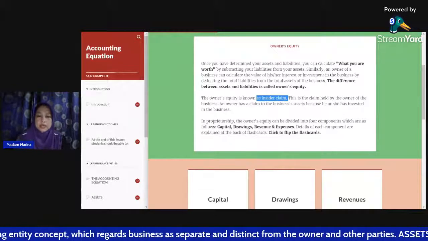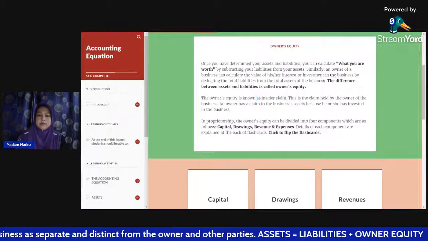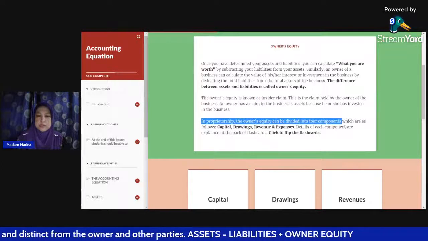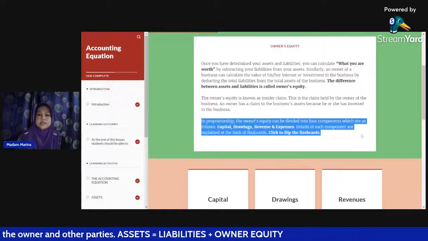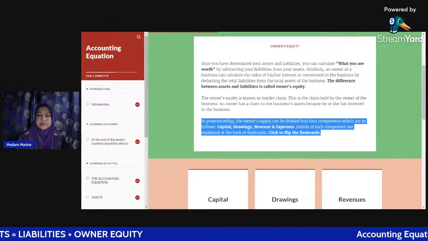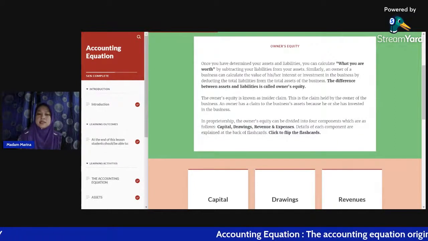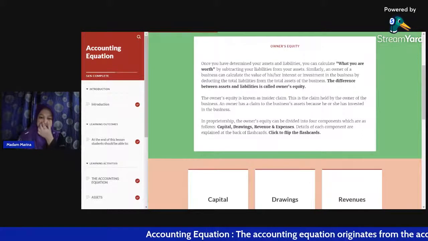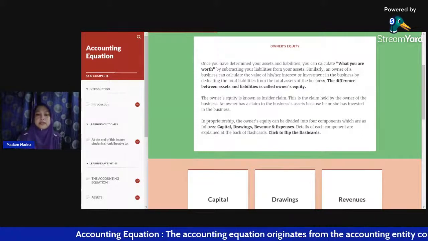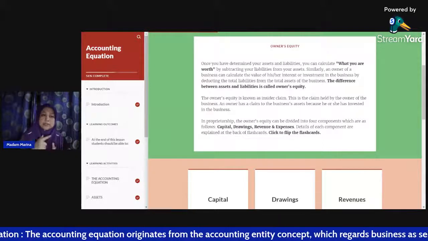In proprietorship, the owner equity can be divided into four components, which are capital, drawings, revenue, and expenses. This is under the standard accounting equation. Before that, with the basic accounting equation, we have assets equal to liabilities plus equity.